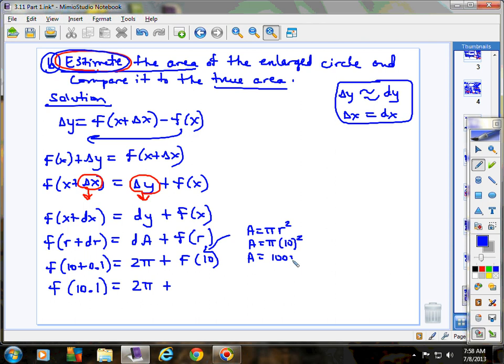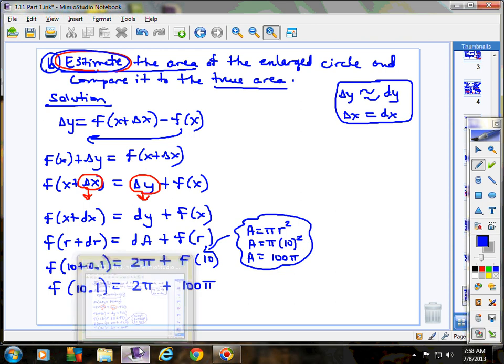It just means go to your original. So 102 pi, estimate the area, so that would be square meters also.